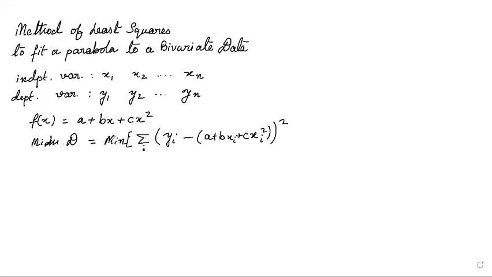We need to take the minimum of the sum of the squares of the distances from each bivariate point to the parabola with general equation a plus bx plus cx square. So I'm writing the minimum of d, where d is the sum of yi minus (a plus bxi plus cxi square), whole square.